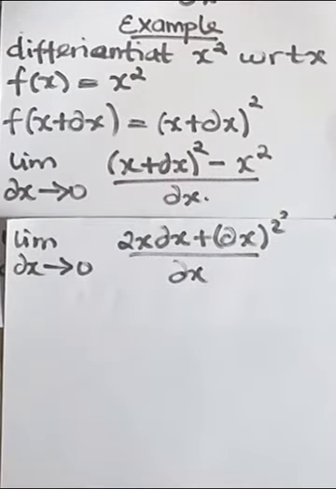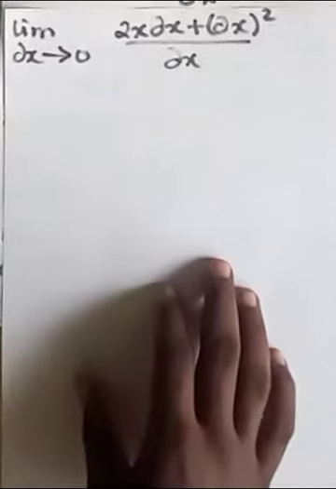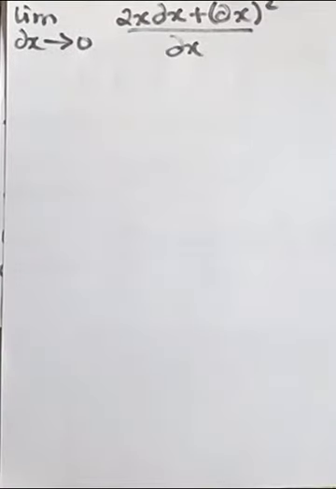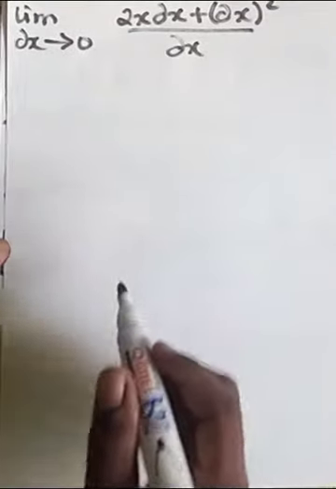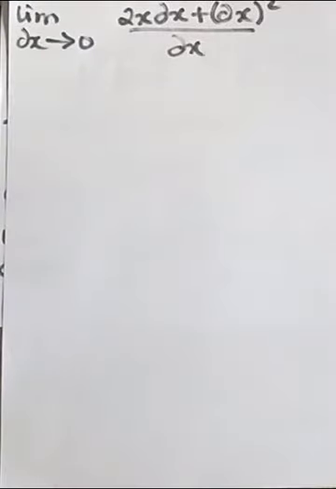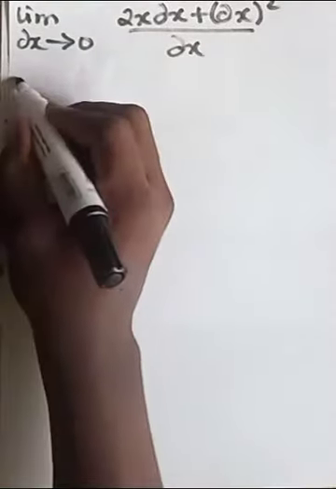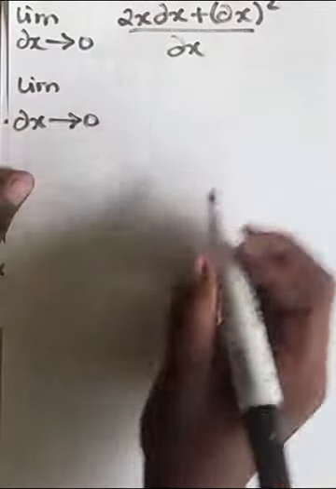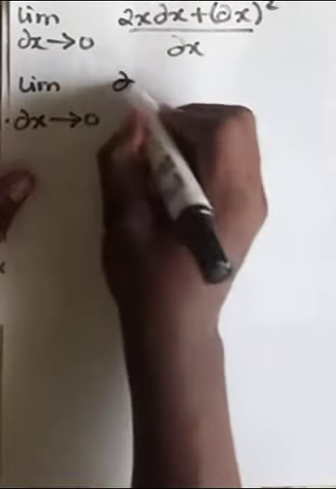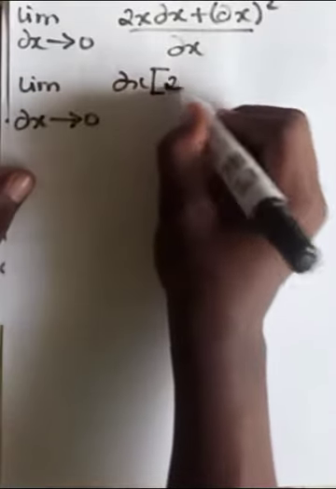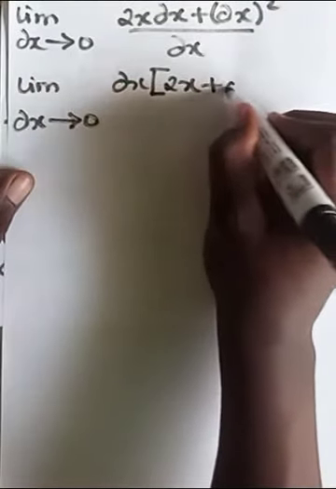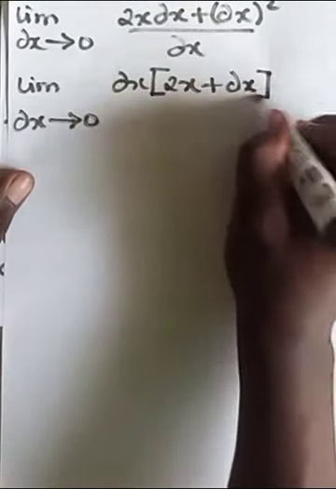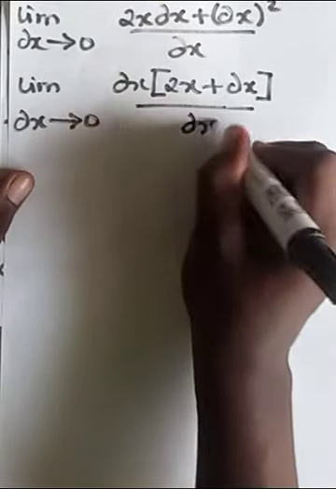So now we have that from the equation. Let's factor out delta x since it is common in the equation. We simply write the limit as delta x tends to 0 of delta x times 2x plus delta x, all over delta x.